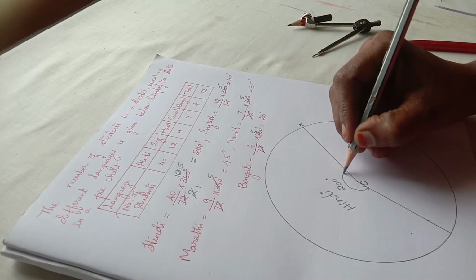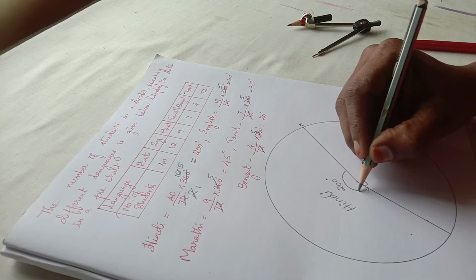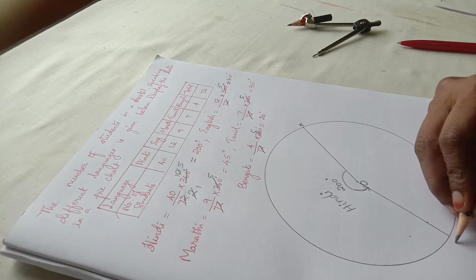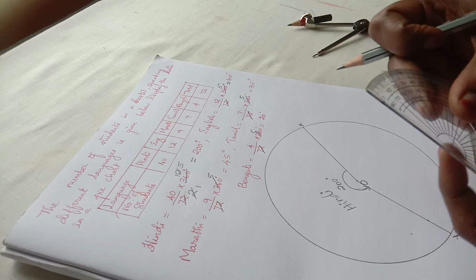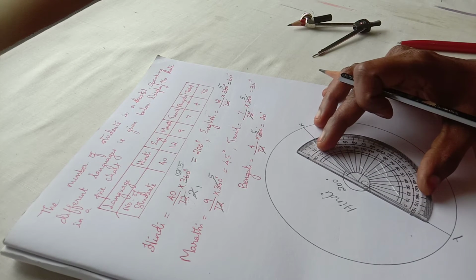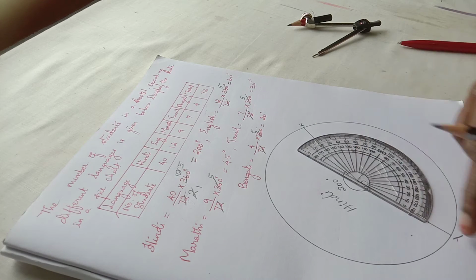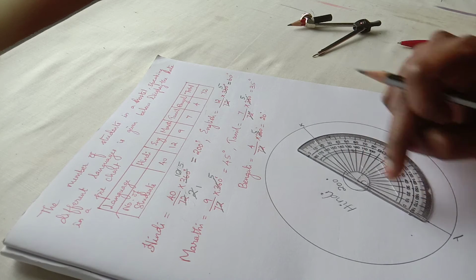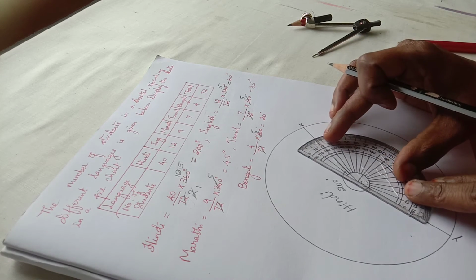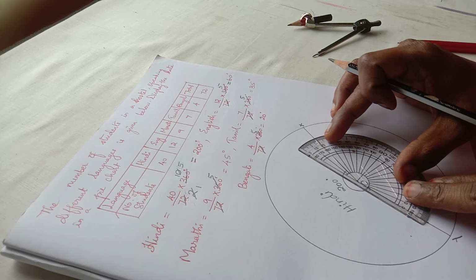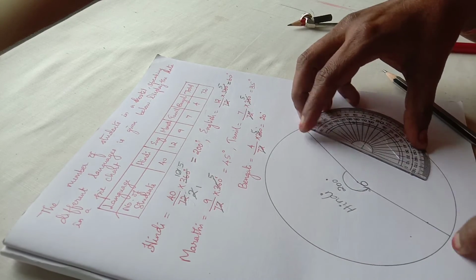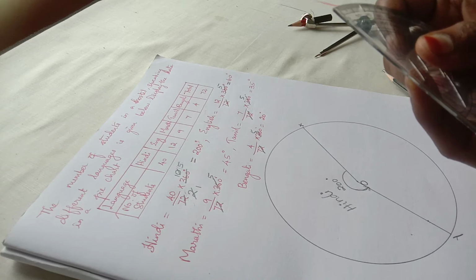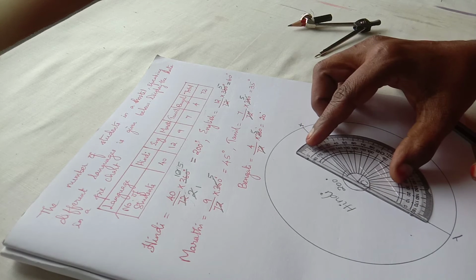Now you can see the arrow mark started from here. So this line, let's name it OY. OY is another radius. Keep the center of the protractor on O and adjust the baseline along OY, and the zero line of the protractor.